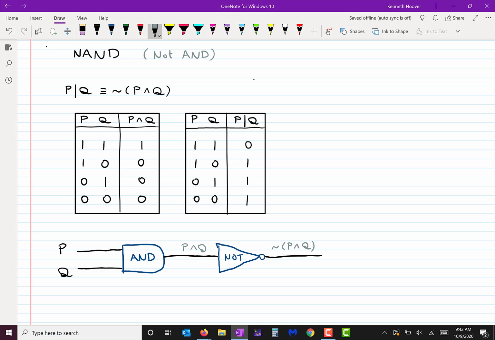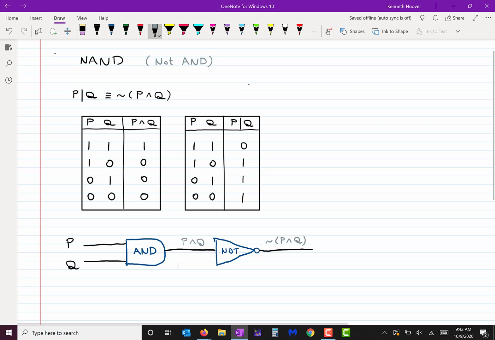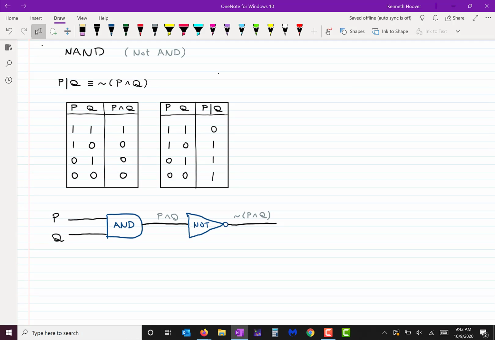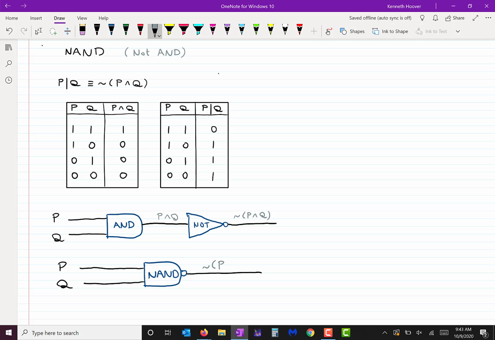So what I want you to notice is that anytime that you see an AND gate followed immediately by a NOT gate, you can replace those two gates with one single NAND gate. So you're killing two birds with one stone. Okay?